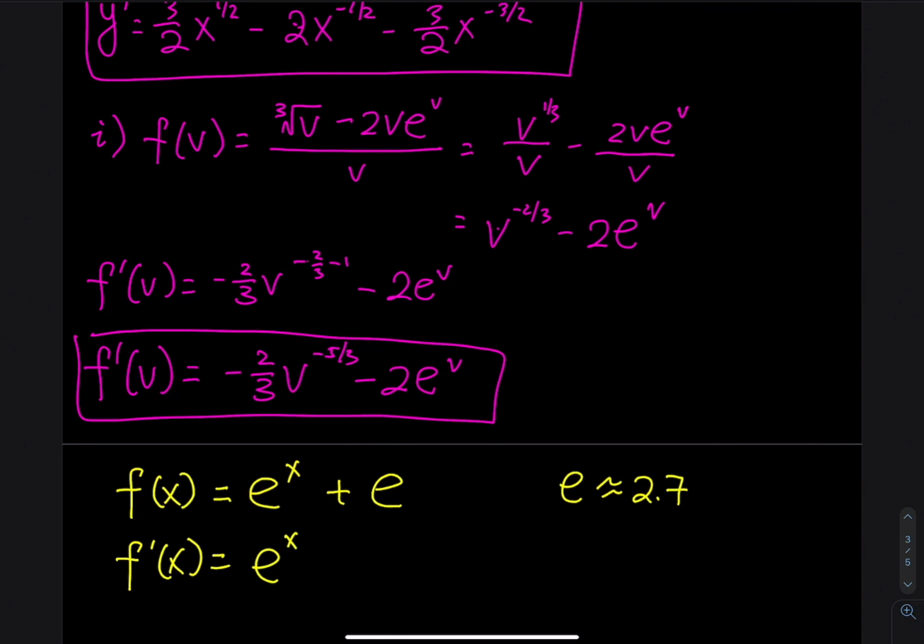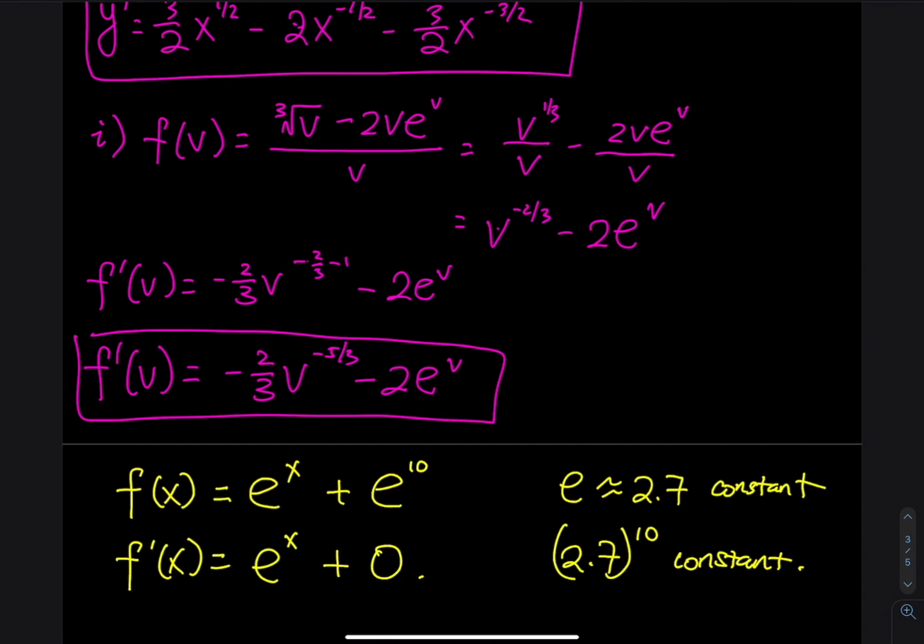So without the x, without any exponent, e is just a constant. So this will be plus 0 because e without any exponent is just a constant. How about e to the 10? e to the 10 is still a constant because 2.7 raised to the 10th power is a constant.